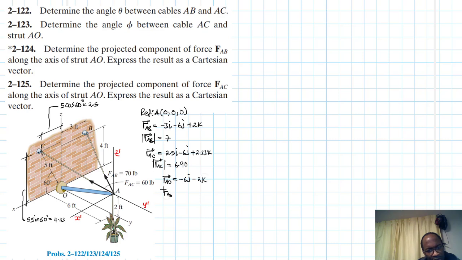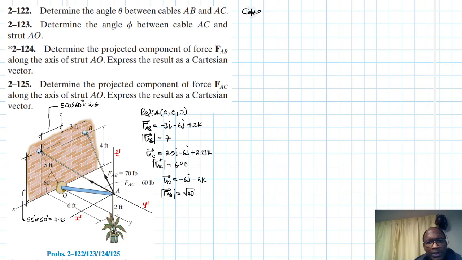The magnitude of this is 6 squared plus 2 squared, the square root of 40. So I'll just leave it as the square root of 40. I think this is enough, so we can go ahead and start working out.